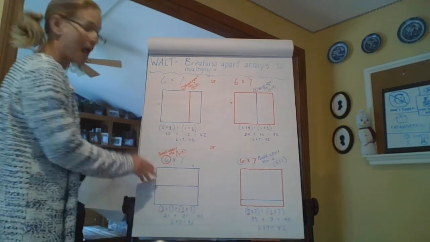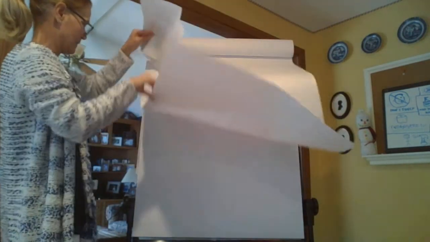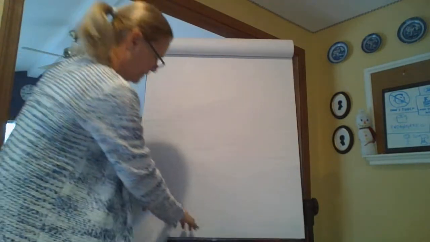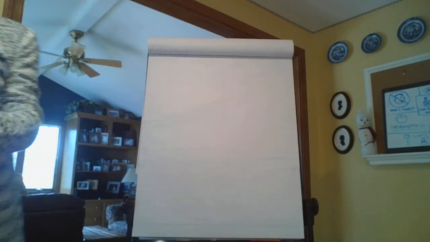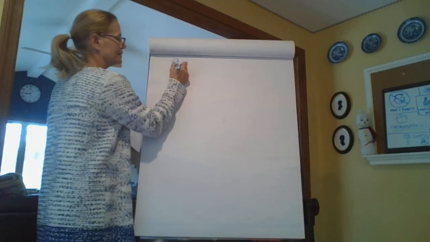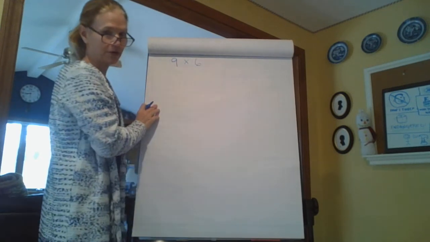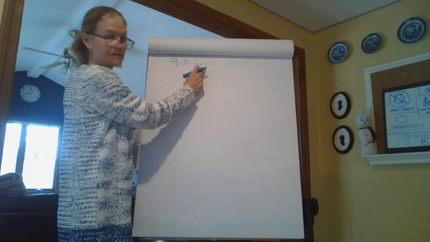Let's take a look at another example. Okay, what if I wanted to do 9 times 6? Now I know my big problem here is 9 rows of 6 in each.